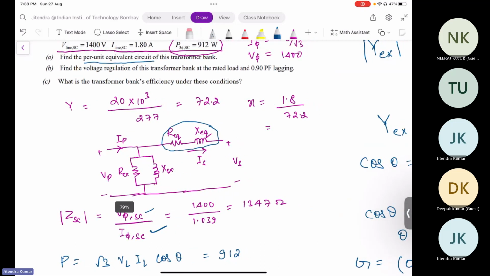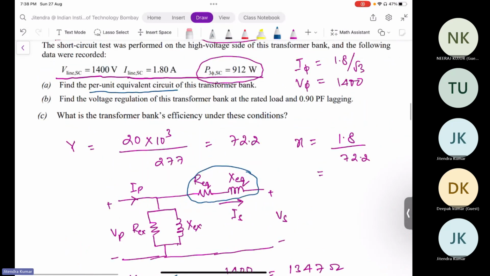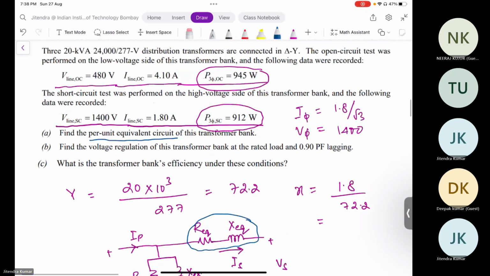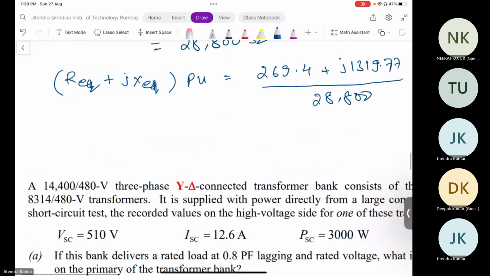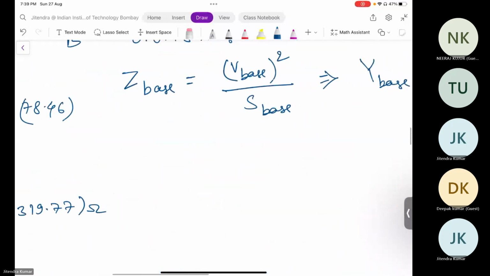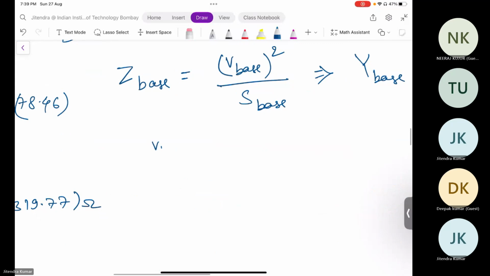Now the B part is to compute the voltage regulation of this transformer bank at the rated load and 0.9 power factor lagging. Again, we know how to compute voltage regulation. We just need to write V secondary at no load minus V secondary at full load.